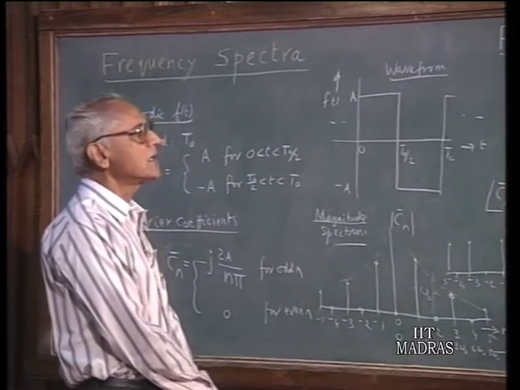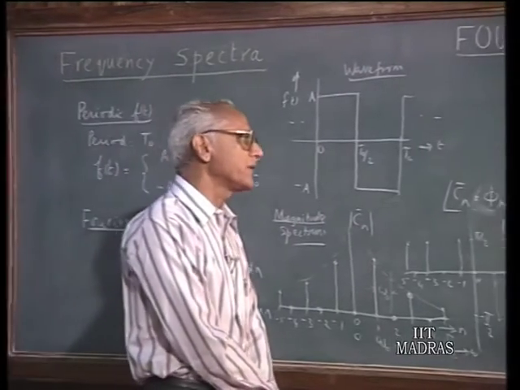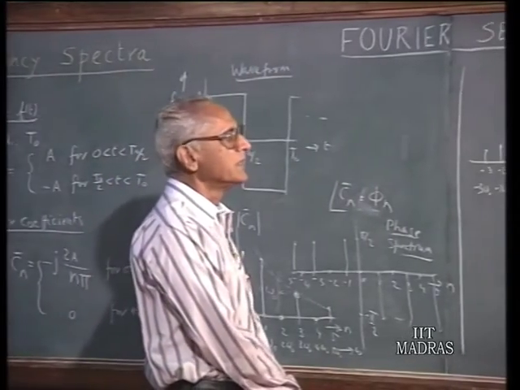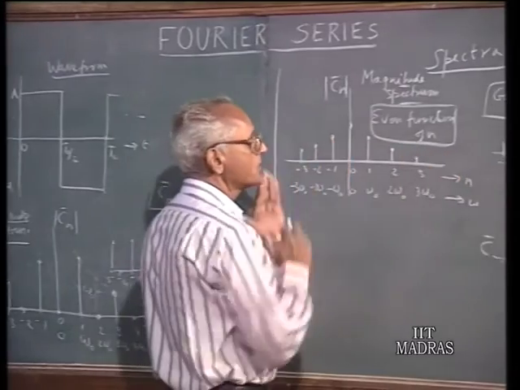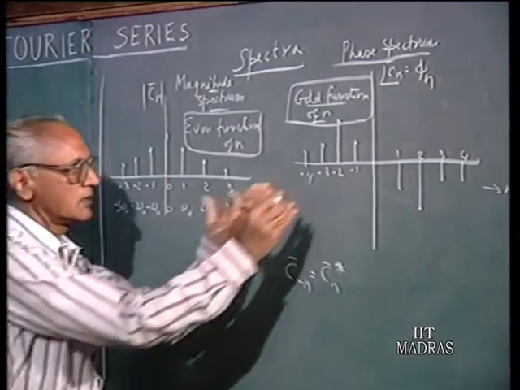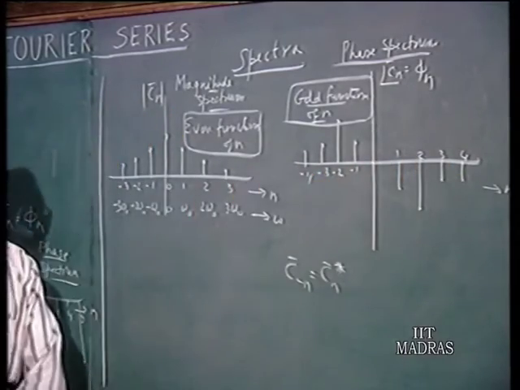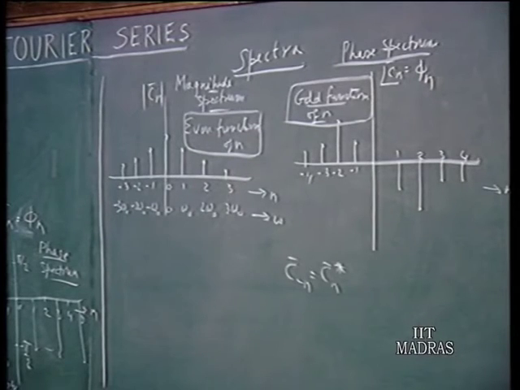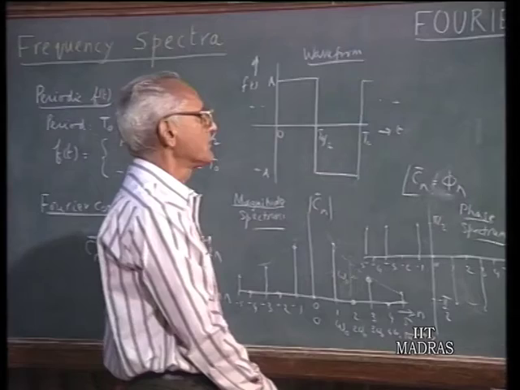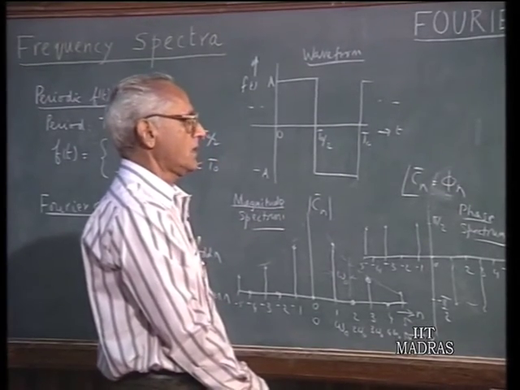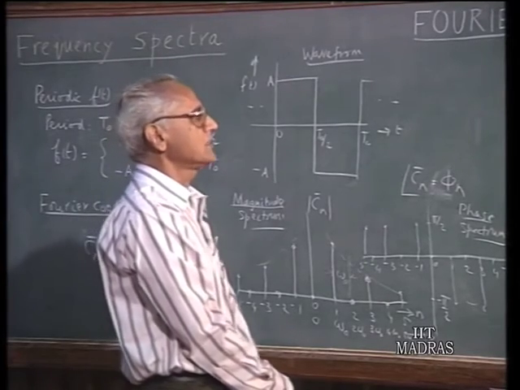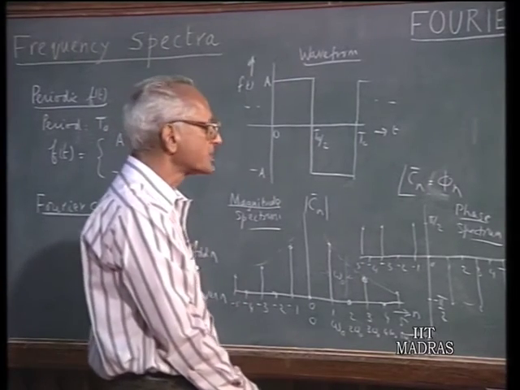And it is conventional to plot the spectra for both the positive and negative indices n, even though, as you can see, if we give this information pertaining to positive n for Cn and positive n for phi n, we can reproduce what is happening on the negative side utilizing the property of evenness for the magnitude and recognizing that phi n is an odd function of n.